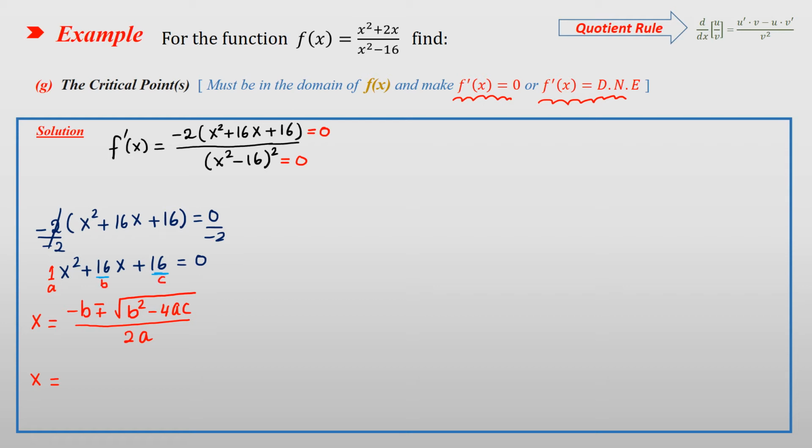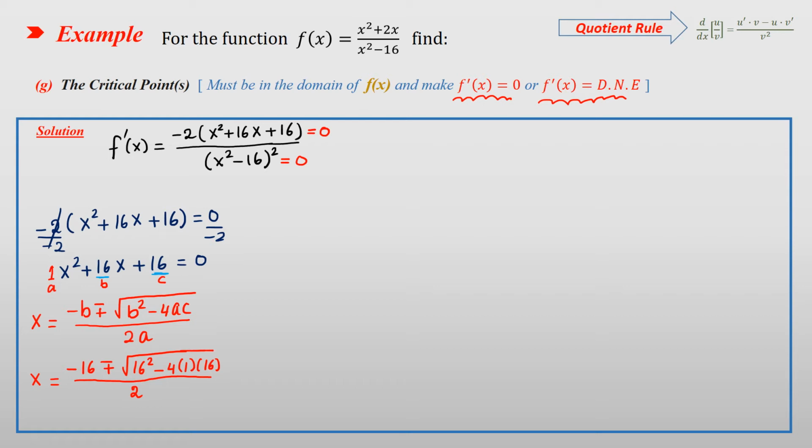So negative b means negative 16, plus or minus the square root of 16 squared minus 4 times a times c, divided by 2 multiplied by a, which is 2.